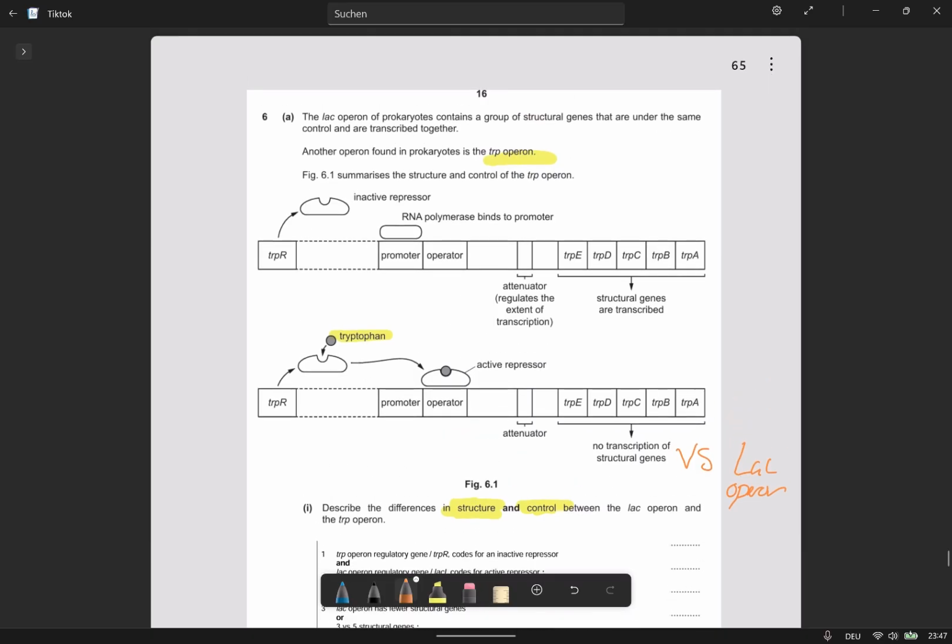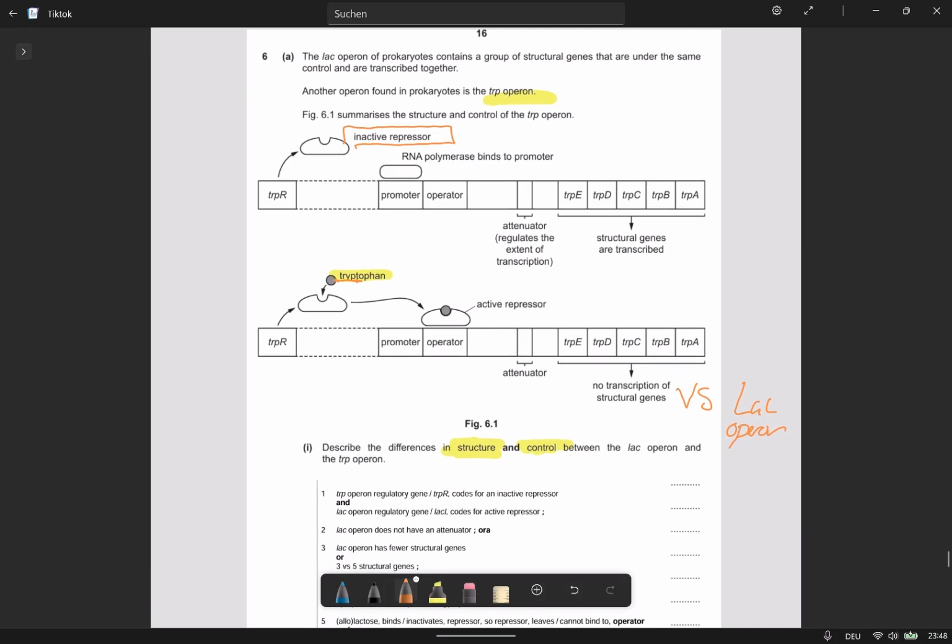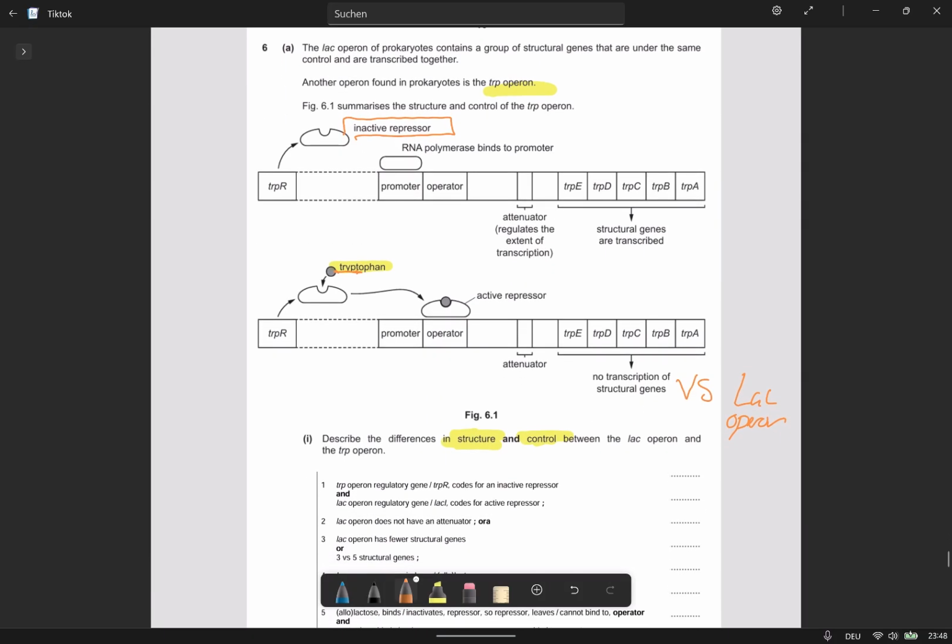This is showing us a gene, a regulatory gene that codes for an inactive repressor. Okay, so the repressor is normally inactive unless it is activated by the tryptophan. But this is the opposite to the lac operon, where the lac repressor is usually active. Like the lac repressor is usually bound already on the operator.